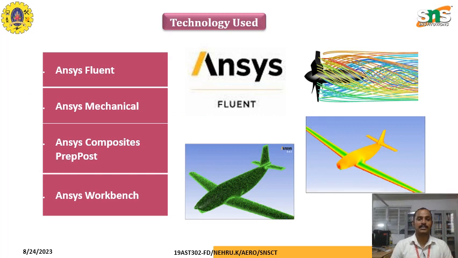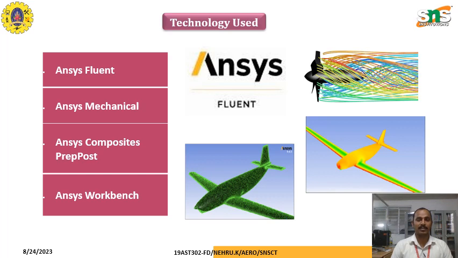For that they have chosen the technologies: Ansys Fluent, Ansys Mechanical, Ansys Composite Pre-Post, and Ansys Workbench. Ansys Fluent helps to understand the aerodynamic performance over the UAV. With Ansys Mechanical, they will analyze the stress values, strain values and deformation. With Ansys Composite, they will vary the material property, finding the optimized location where they can use the composite material, where they can use the aluminum material, and the other biocomposites or glass fiber or carbon fiber.